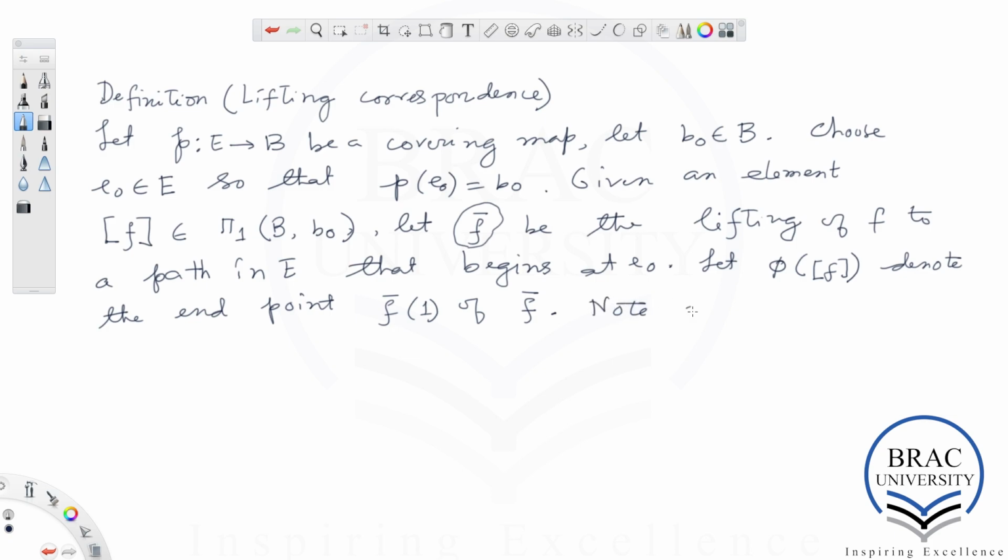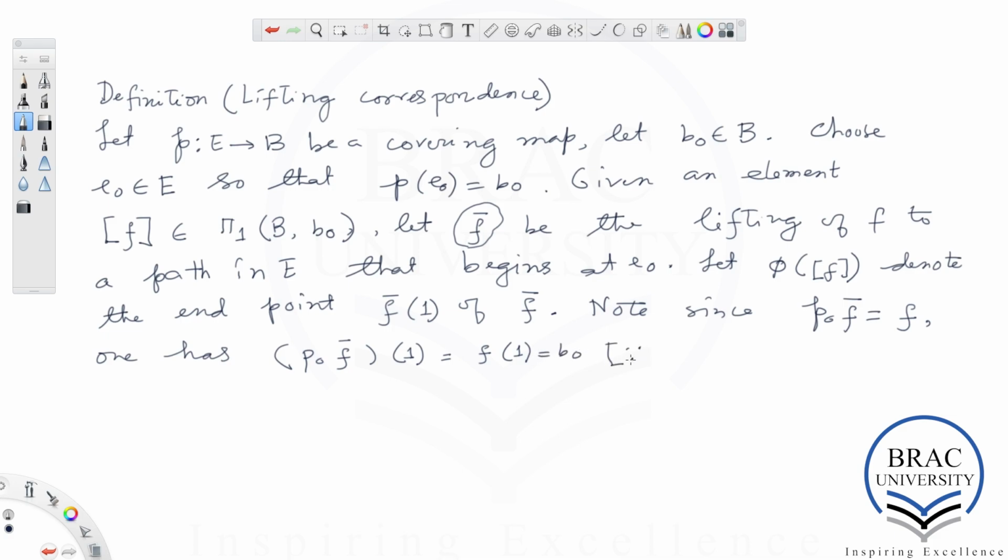Note, since P composed with F bar is equal to F from the property of a lifting, one has P composed with F bar evaluated at 1 is nothing but just F of 1, and we know that since F is a loop based at B0 in the topological space B, F of 1 is the same as F of 0, which is equal to B0, right?